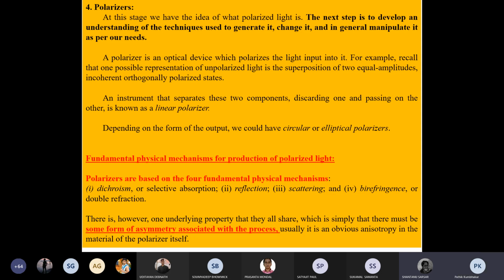Usually it is an anisotropy in the material of the polarizer. Like you use some material to show dichroism, some material from where the light is reflected, a material where the scattering of the light takes place, or a material where the double refraction phenomenon takes place. So this asymmetry is basically coming from the material. These are the four fundamental mechanisms: dichroism, reflection, scattering, and birefringence.